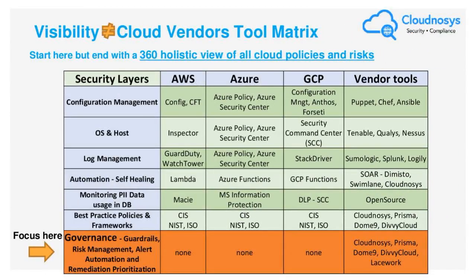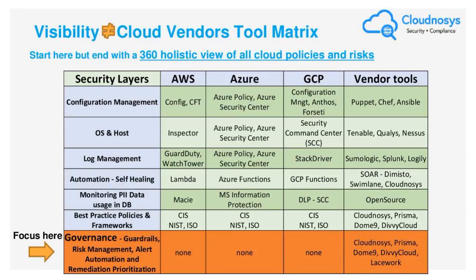Okay, so let's take a talk track around tooling a bit. Let's say you're running AWS, right? And as you can see, the list of tools that are available in each layer of security, from configuration management to operating system to log management and automation, and monitoring, and so on and so forth. And then there's a last layer at the bottom that says governance, guardrails, risk management, alert automation, and risk prioritization, right? That's a very important layer.